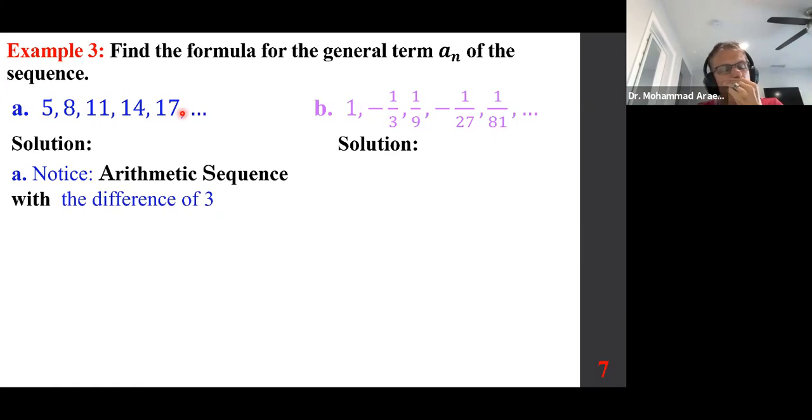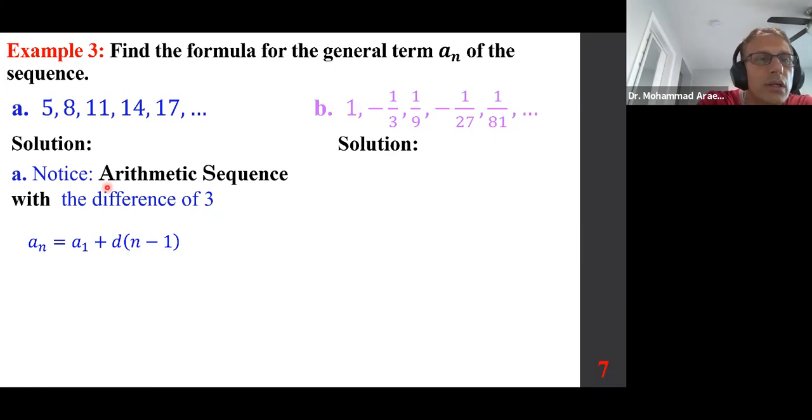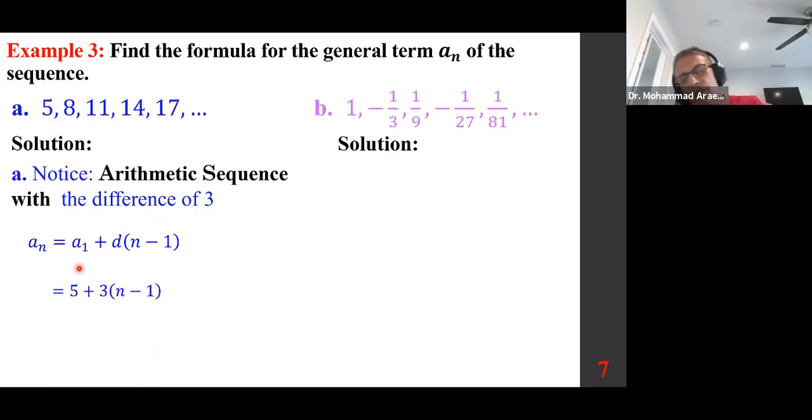We also have the formula a sub n is a sub 1 plus d times (n minus 1). So what is a sub 1? 5. What is the common difference? 3. Plug in. Now, simplification is elementary algebra. You do that, you end up with 3n plus 2.